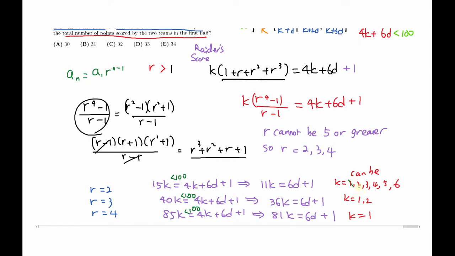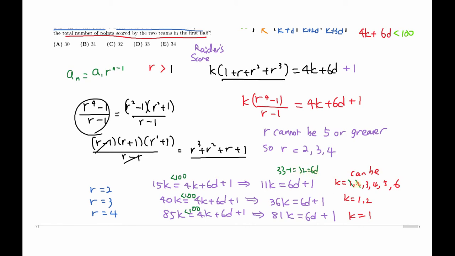What about k equals 2? When k equals 2 here, you get 22. 22 minus 1, you get 21 equals 6d. Still not, d is not going to be an integer, so not good. When k equals 3, you get 33, and then you subtract 1, you get 32 equals 6d.